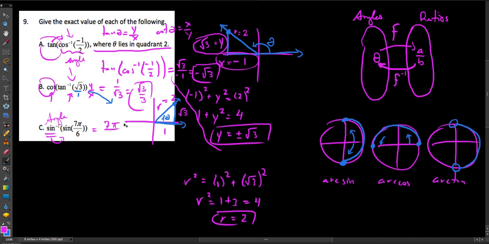So the way we looked at this in class is, don't forget, let's start by evaluating this inner ratio. What is the sine of 7 pi over 6? Like we've looked at with our unit circle before, where does 7 pi over 6 terminate? Well, 6 pi over 6 plus another pi over 6 would be 7 pi over 6. That means we have a reference angle of pi over 6. It also terminates in the third quadrant.